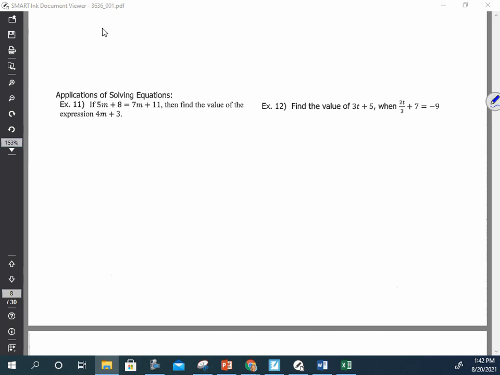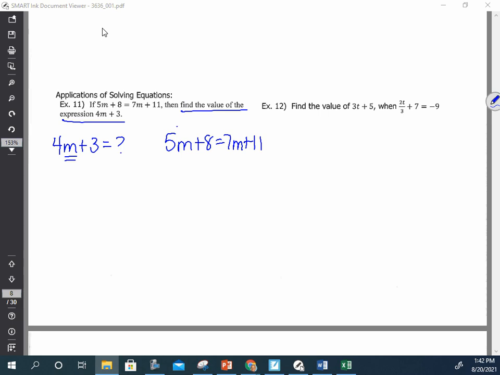So keep in mind, they're asking you what is the value of 4m plus 3, which is all well and good, except we don't know what m is equal to. But we can easily get what m is equal to by solving the equation that is next to it, 5m plus 8 equals 7m plus 11. So we solve the equation and we use it to evaluate the expression.